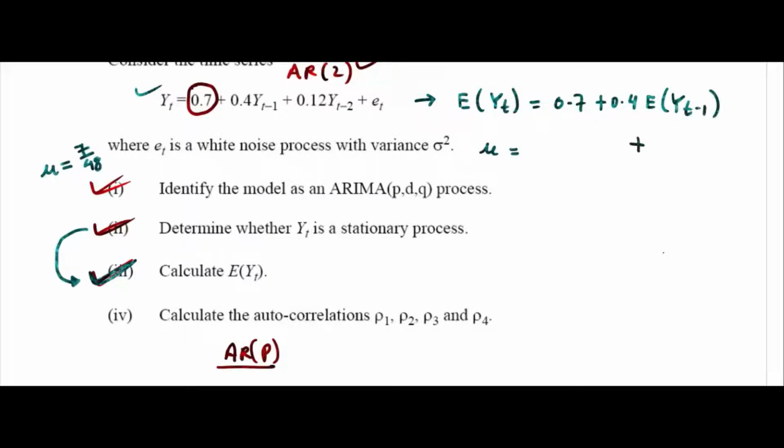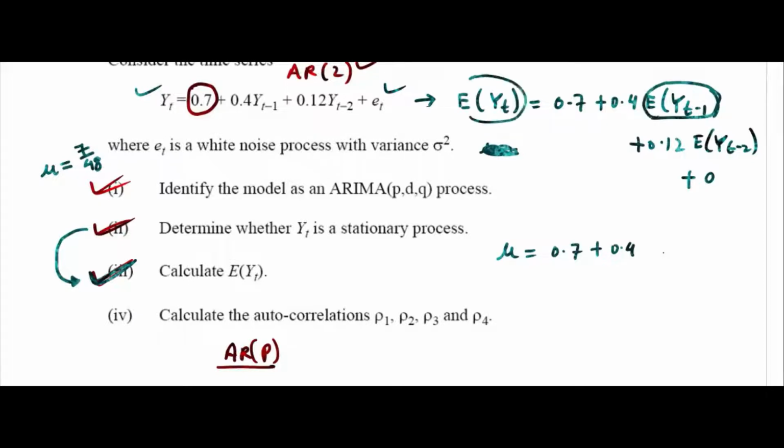Okay, this will be 0.12 EYT minus 2 plus expected value is 0. I have taken expectation both the sides. Okay, so mu I got here. Let me write here, mu is equal to 0.7 plus 0.4. Again this will be mu. They are equal because this is stationary. All are equal.